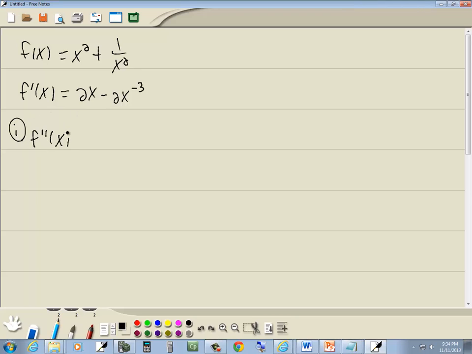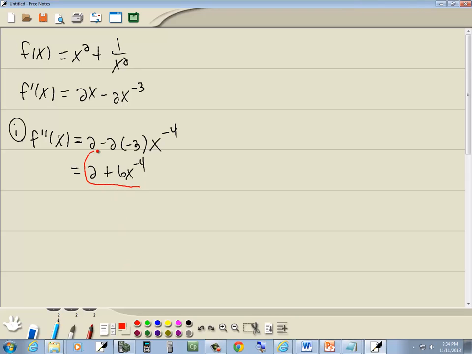So we're going to continue on. Take the derivative of this. The derivative of 2x is 2. Minus 2, take your power, put it out in front, lower your power by 1. So negative 2 times negative 3 is 6. So we got 2 plus 6x to the negative 4. Now that's our second derivative.